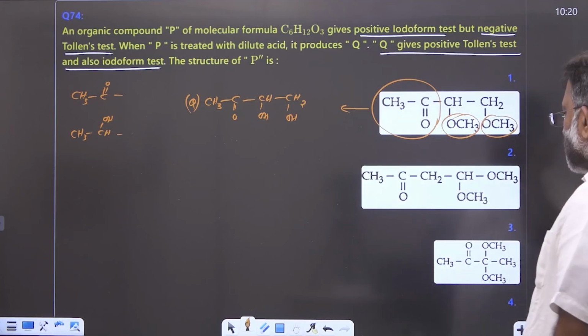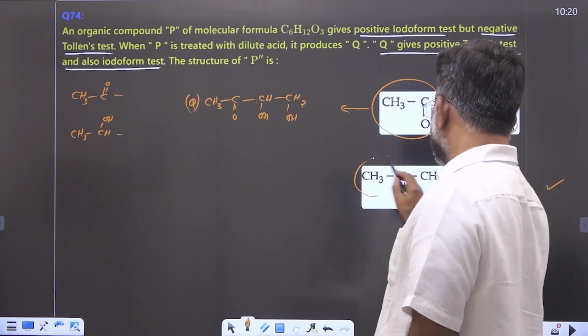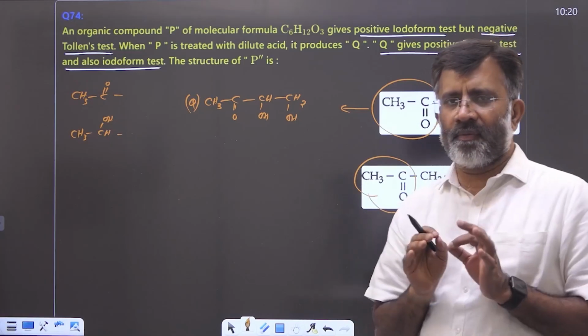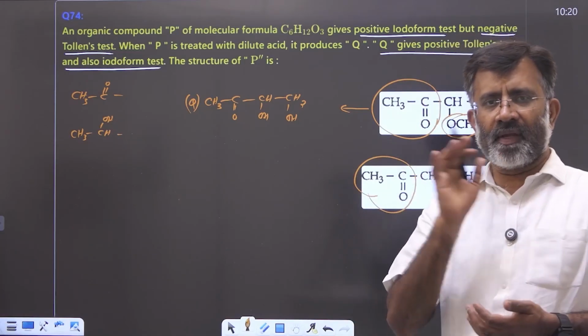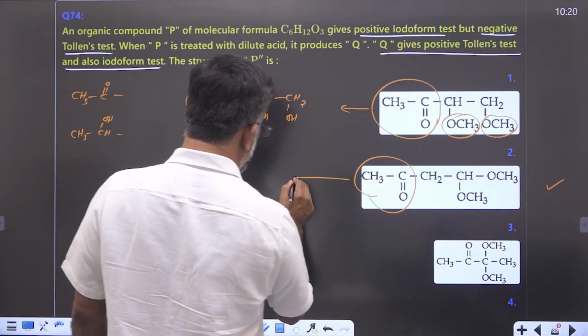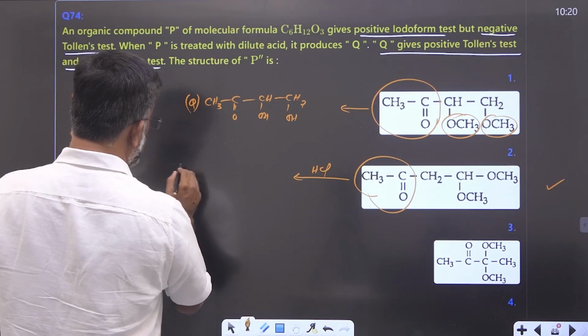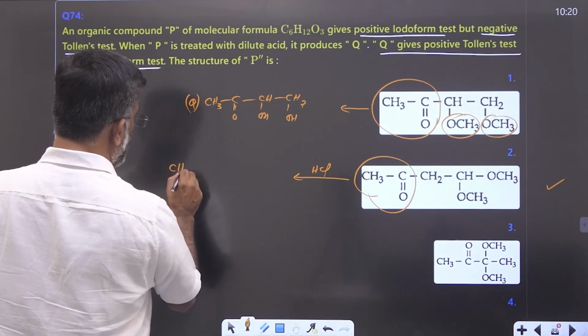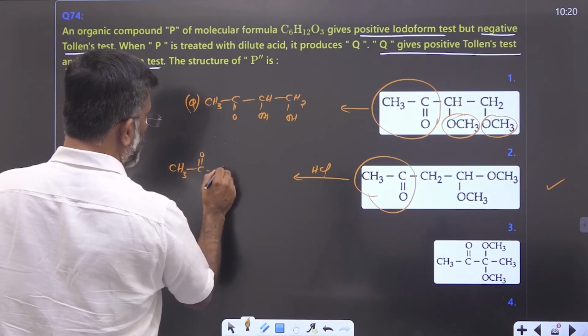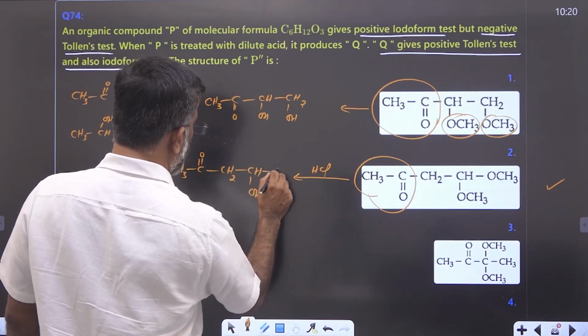Okay. What about the second molecule? The second molecule seems to be the answer, because it contains a methyl keto group, so the iodoform test is possible. It will give you the iodoform test. And upon hydrolysis, say with HCl, you will get CH3, CO, CH2, CHOH.